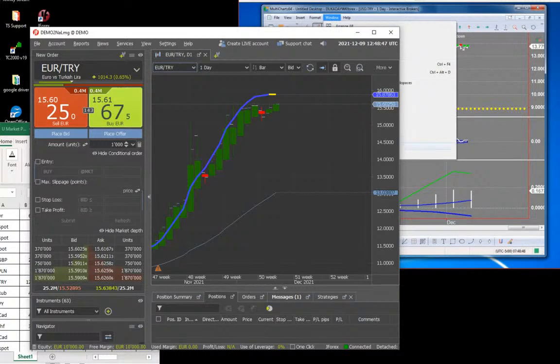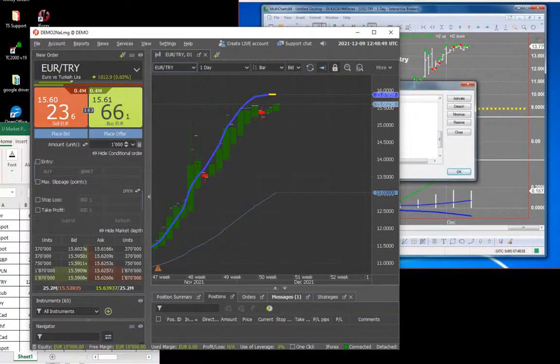Let's put it up there. It's going to jump out at us somewhere. Where are you? Euro CAD, Euro Aussie, Euro Zloty. There it is. Euro Turkish Lira, right below Euro GBP.